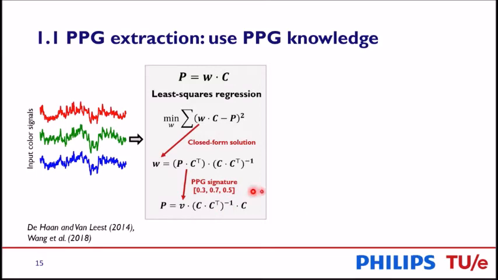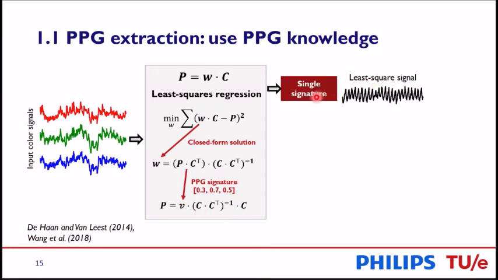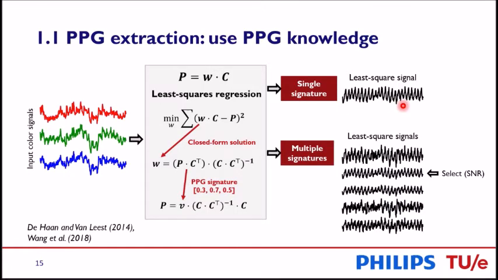If we know this signature, we can use least square regression to do the pulse extraction. If we define a single signature, then we can do a single regression to extract one pulse signal. Or if we are not very confident about the signature, we define multiple signatures where the knowledge is more soft. Then we can get multiple regression signals, and similar to blind source separation, we can use the SNR to make a selection.